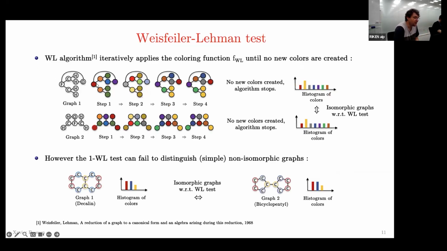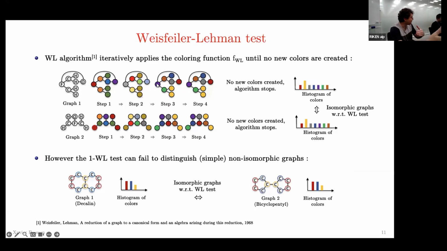So you start here, for example, this orange color is going to be the same as this one because C has the same neighbors, F, H, H, F, H, H. But after the first step of coloring, this orange will have two different colors, here blue and here green. So you're going to have different colors.